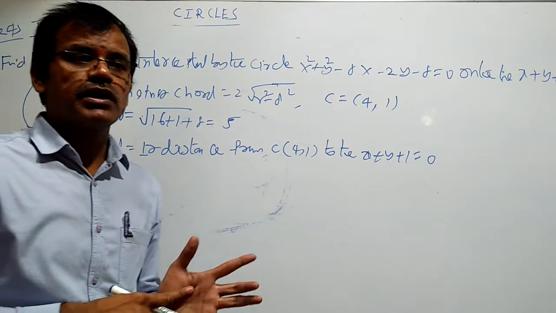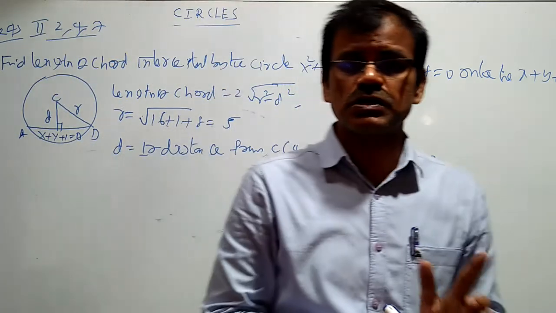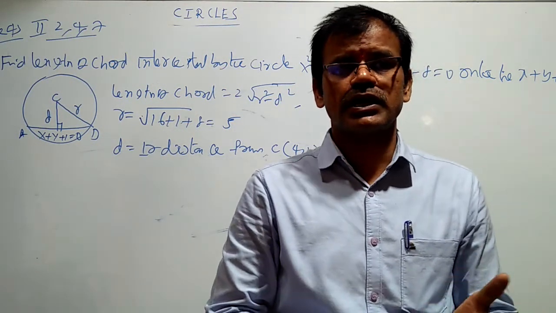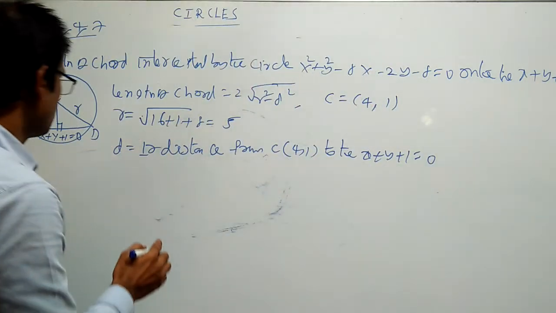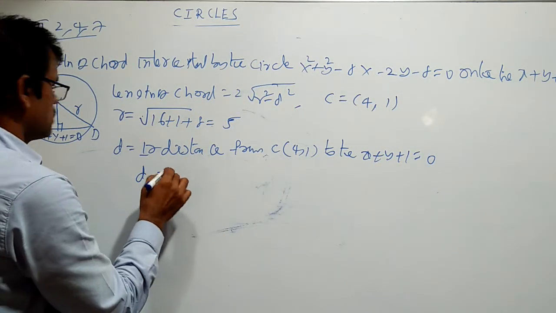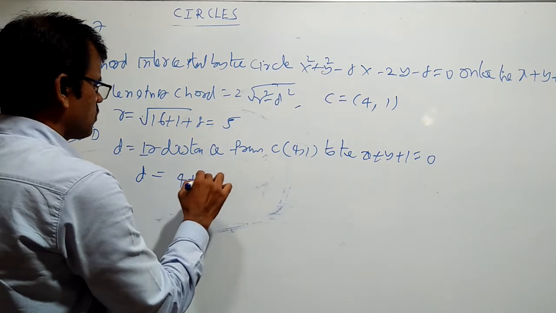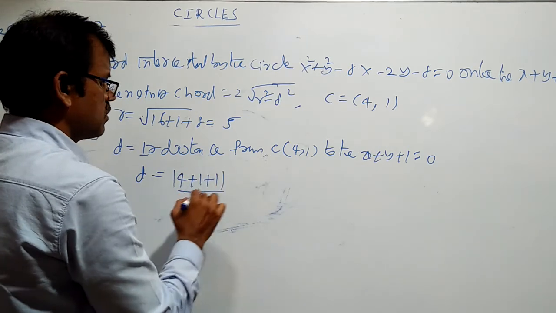We know that the perpendicular distance from (x1, y1) to the line ax plus by plus c equal to 0 is modulus of (ax1 plus by1 plus c) over root of a square plus b square. So D is equal to modulus of (4 plus 1 plus 1) over root 2.